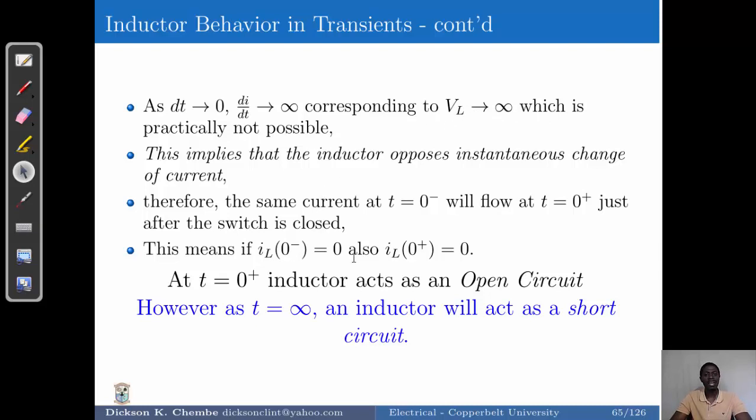This implies that the inductor will oppose instantaneous change of current.